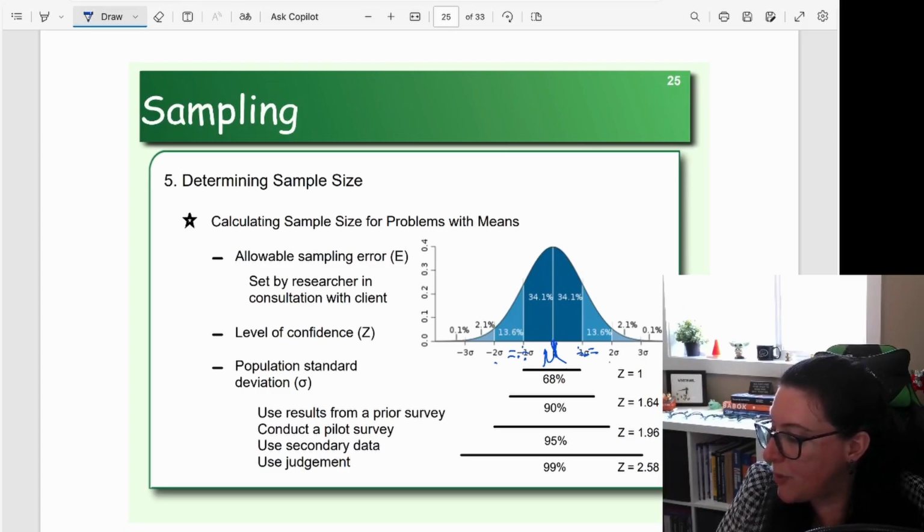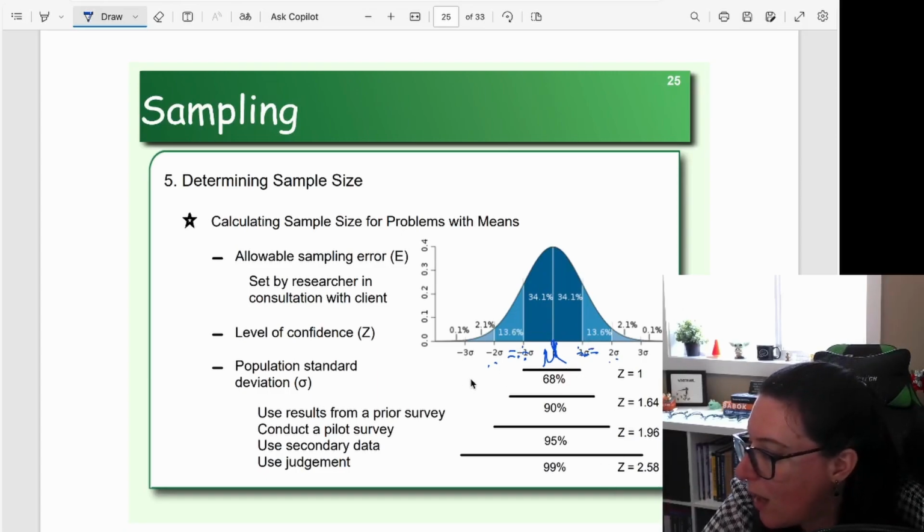If you're within two standard deviations of that average, then you are right around that 95%. If you want to get closer to 3 standard deviations, then that's a much higher percentage. So you can take these numbers as they're written, but let me show you where they come from.